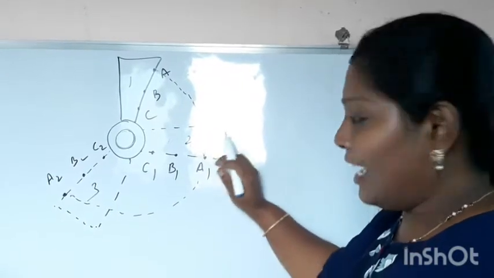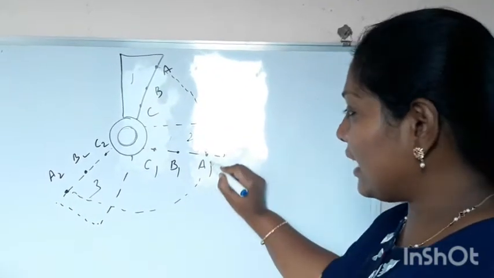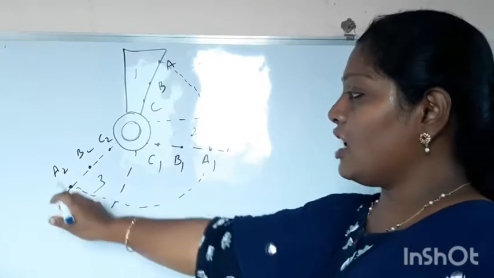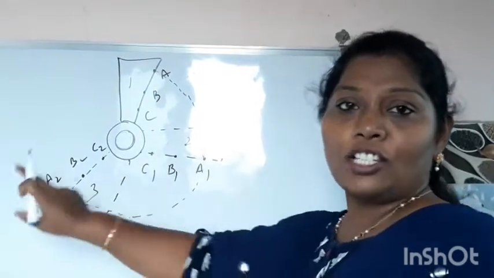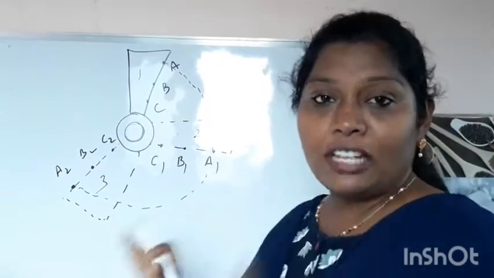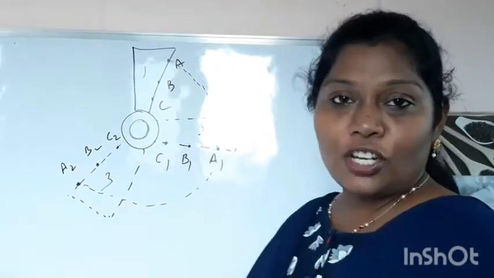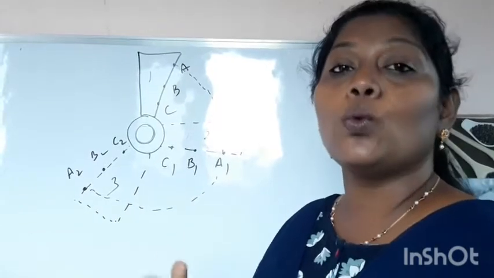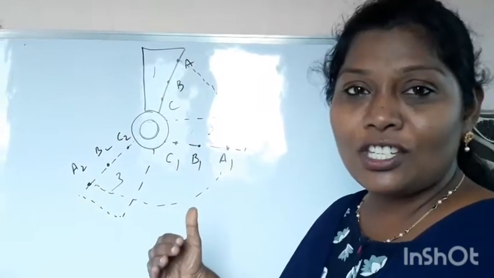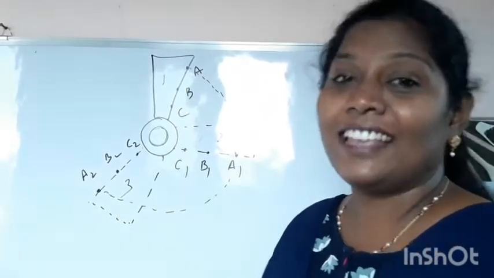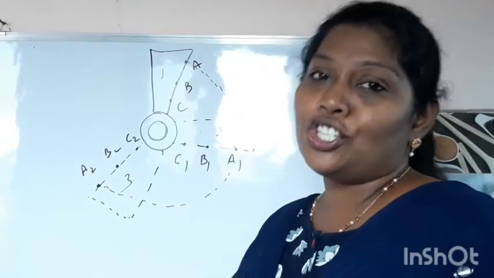After a few seconds, again this particle A1 has changed its position from A1 to A2. So definitely by this we can prove that all the particles which are present in the body are changing their position while they are in motion.